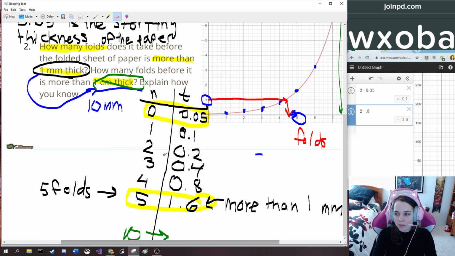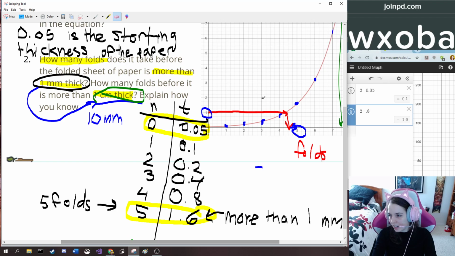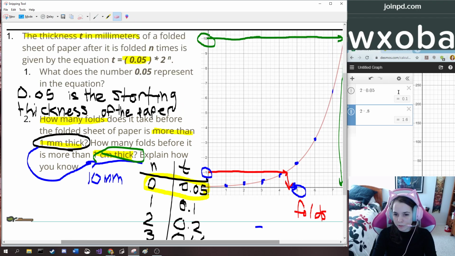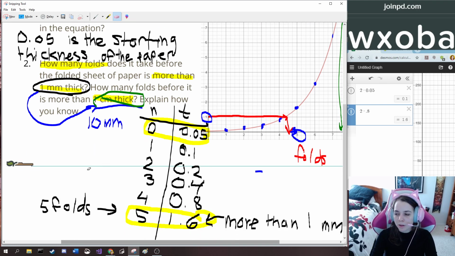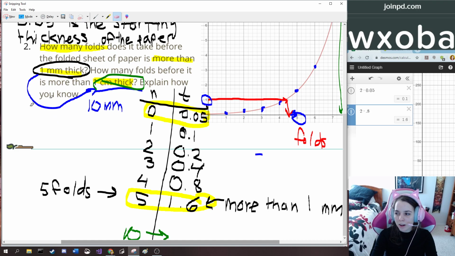You're a little bit more confident that you find an actual number instead of eyeballing something like you would for a graph. But know that graphing and using a data table are both great ways to find the answer to these kind of questions.